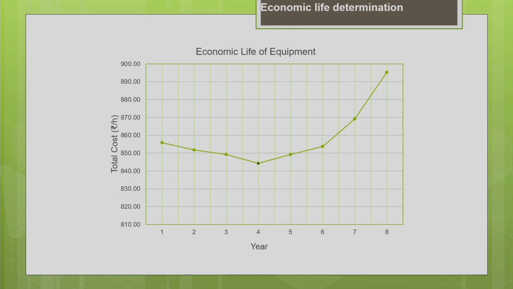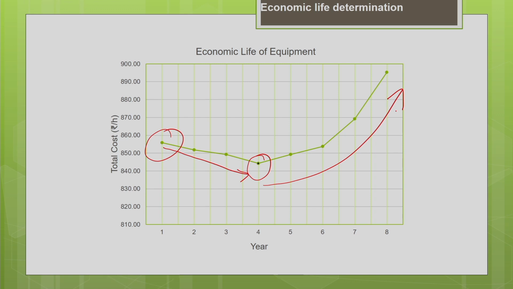This picture shows the pictorial representation of what I discussed in the earlier slide. During the initial period, the cost associated with the machine is slightly high, then the cost starts reducing as it is distributed over a greater period. Now it reaches a minimum point, and after that it starts significantly increasing.